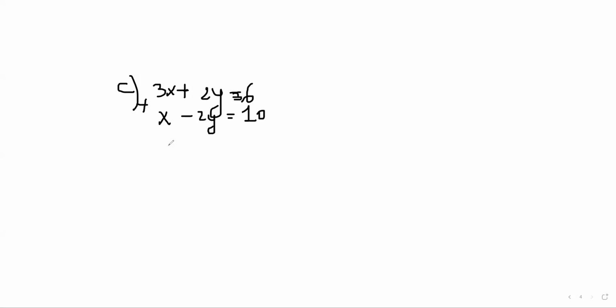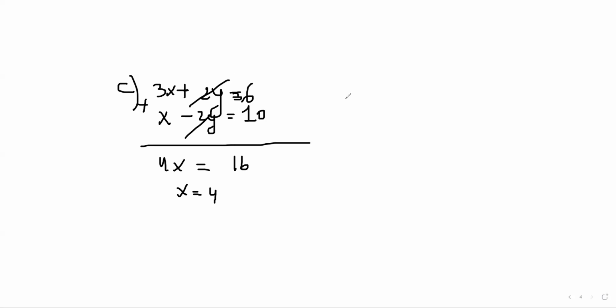Again, by adding side by side, the two y's cancel. 3x plus x is 4x, equals 6 plus 10, which is 16. So x equals 4.